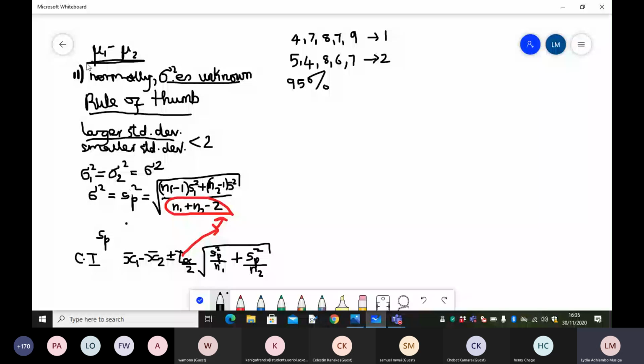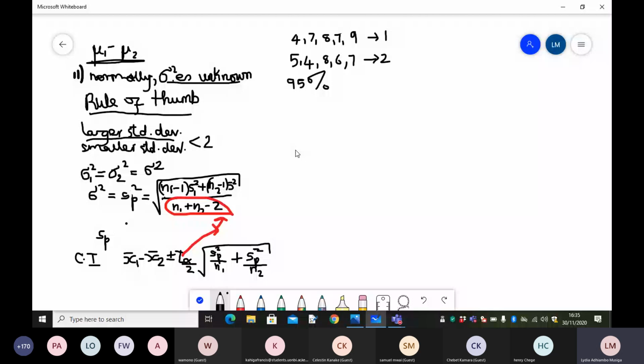So if we look at our formula, now we have things like x bar 1 and sample variance. We are experts at getting this. Okay, we have been asked to find the 95% confidence interval for mu1 minus mu2.